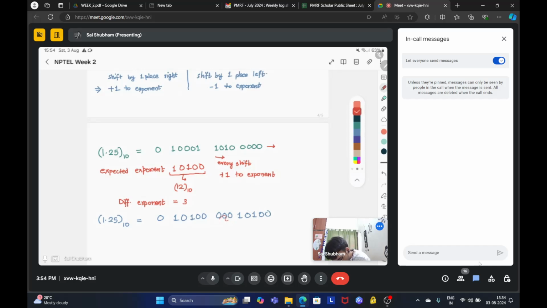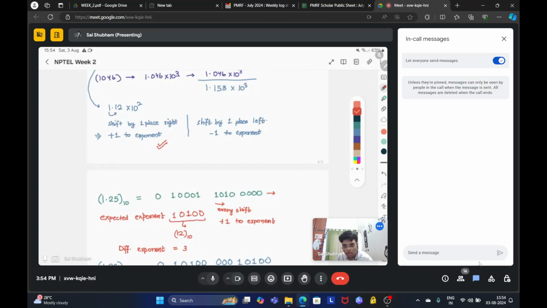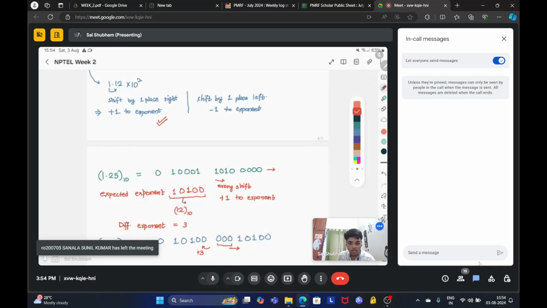You shifted 3 places towards the right, and now you added plus 3. We followed this one. Is this clear? So I hope this is clear.